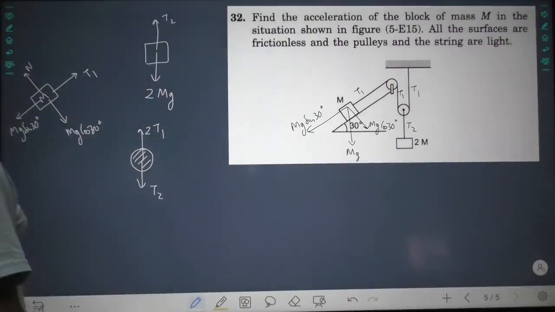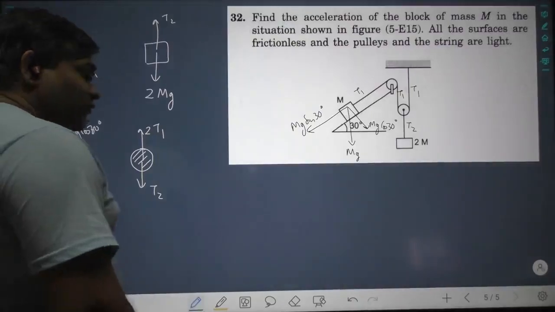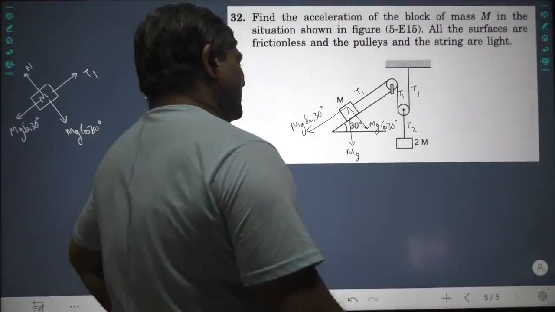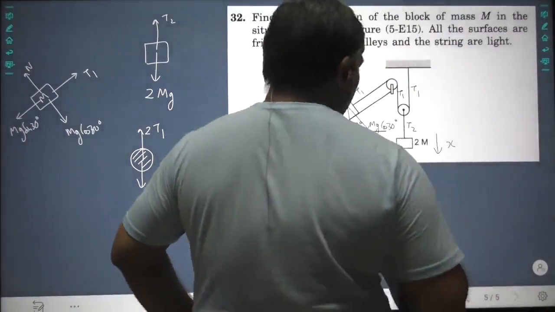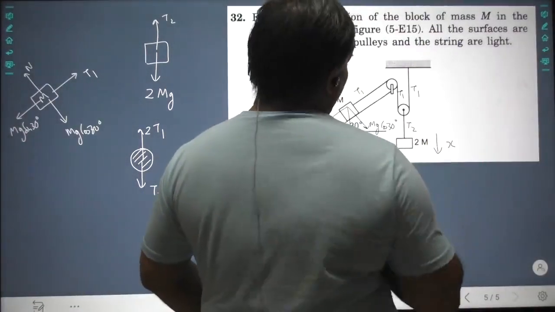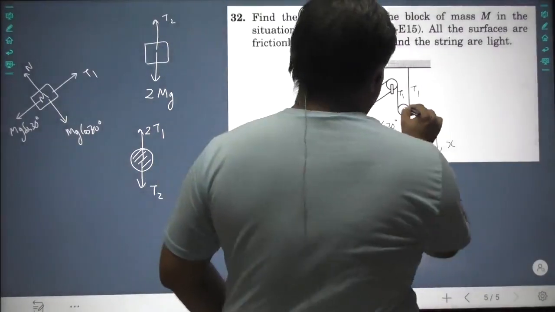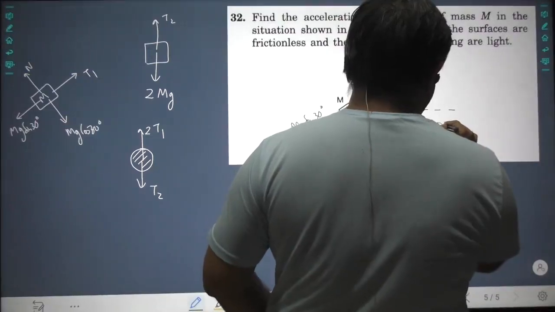Okay. Now, let us write down the acceleration part. Probably this time you might have understood. If this mass goes x unit downward, the same thing I am repeating, then the pulley will also go x unit downward.